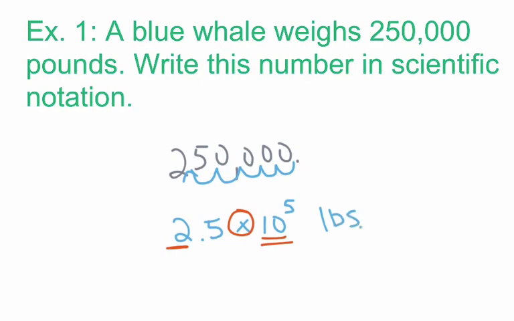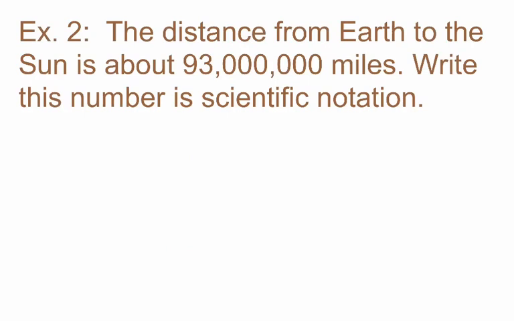Okay? Let's take a look at another one. For our second example, it says the distance from Earth to the Sun is about 93 million miles. We want to write this number in scientific notation. So we're going to go ahead, rewrite the number. Okay, so we have our number 93 million miles.